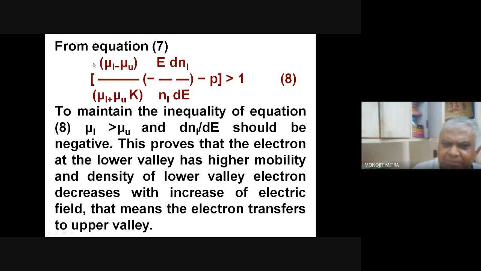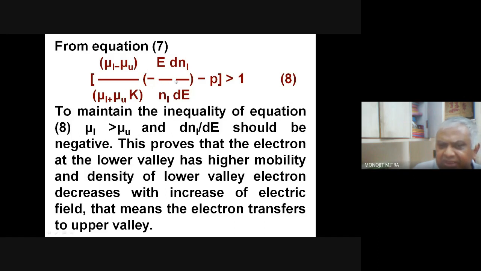And that negative, I'm coming to it, you can say, sir, what will happen then? But one necessary condition to make this term positive, so that the whole first bracketed term here is positive and greater than P. So first condition is mu L must be greater than mu U, so that no negative sign should come here.